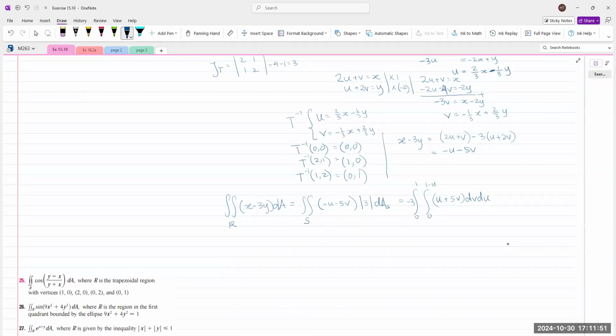Let me do it then. This will be negative 3 integral from 0 to 1 of uv plus 5 over 2 v squared from 0 to 1 minus u, which will give us negative 3 integral from 0 to 1 of u times (1 minus u) plus 5 half (1 minus u) squared du.